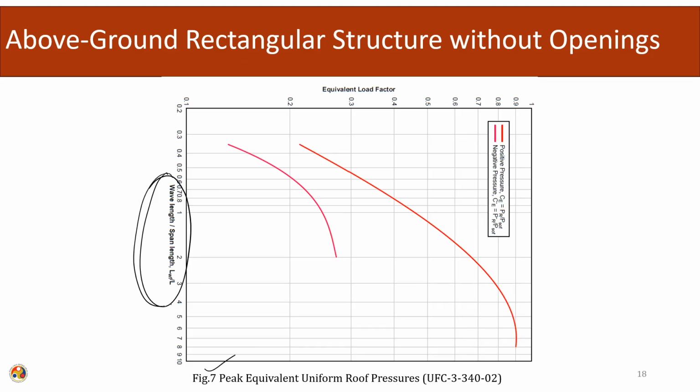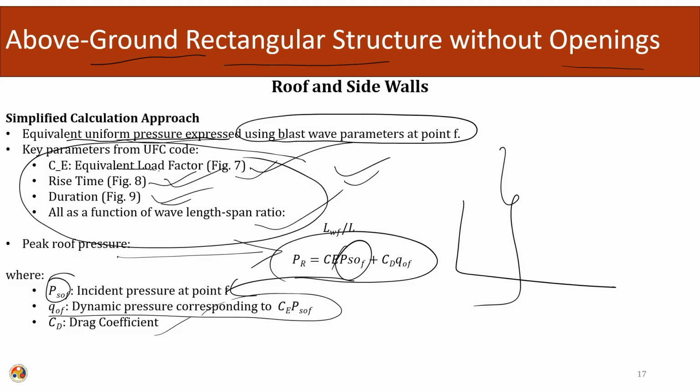Using figure 7 we can calculate the equivalent positive pressure coefficients and the negative pressure coefficients, and that are given in terms of the incident pressures. So, the equivalent load factor we can calculate using figure 7.